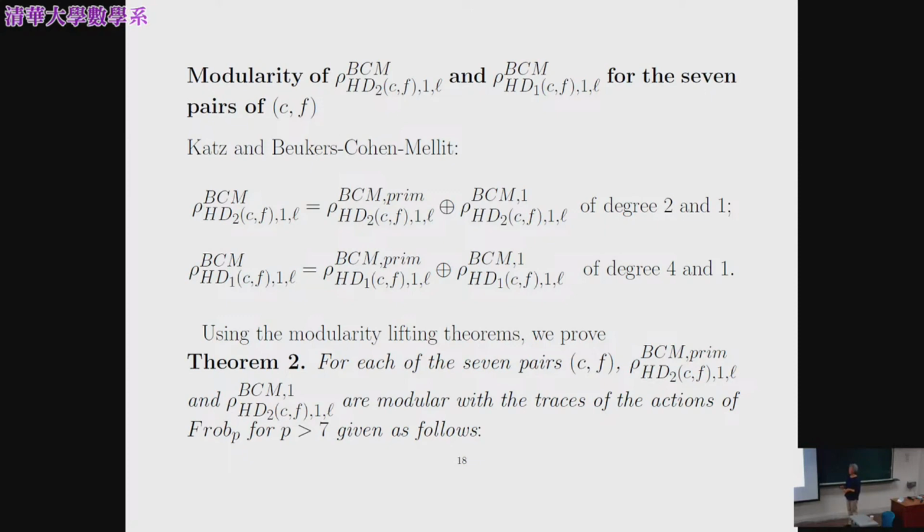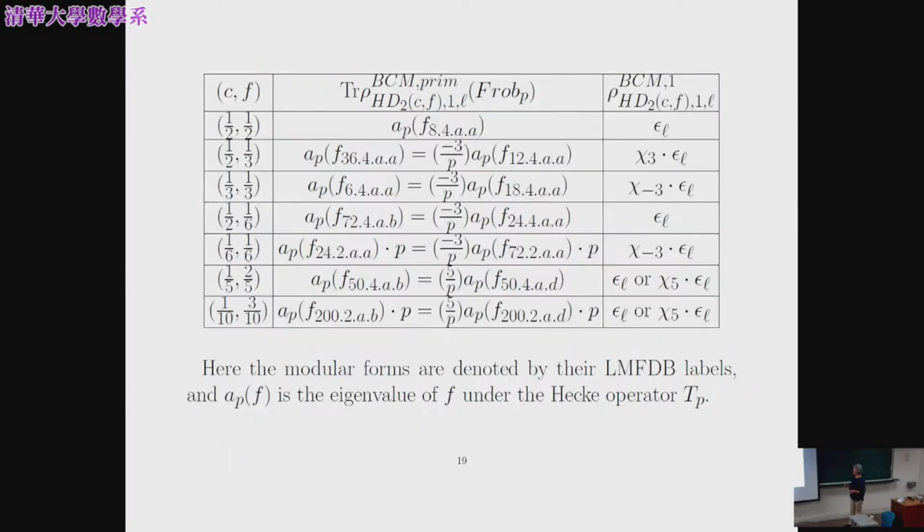For the second datum, H2, our conclusion is that this degree 2 piece actually comes from a modular form. The degree 1 piece comes from a character. So they are both modular, and here we give a very explicit modular form that corresponds to this Galois representation.